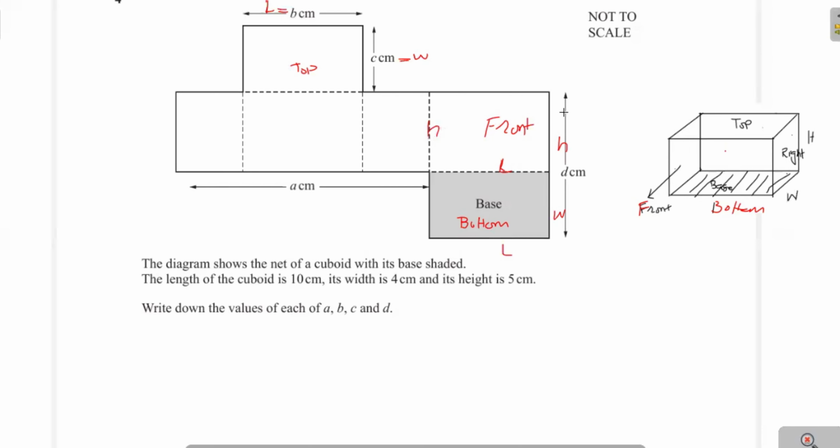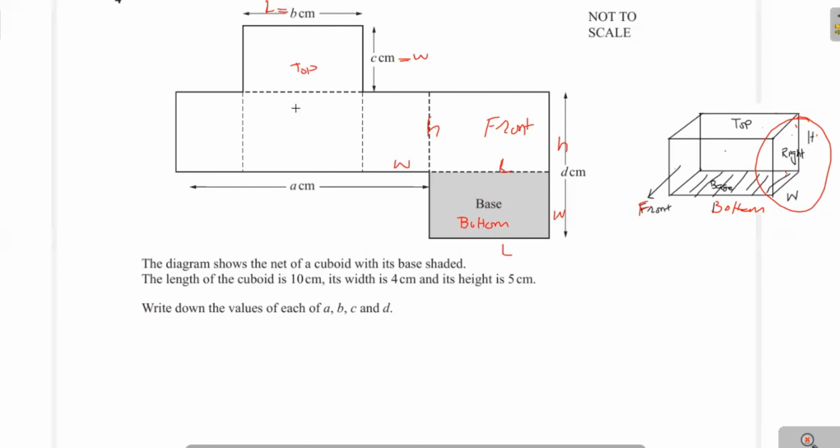Here, the faces having height are the right side and the left side. The right face has the edges width and height. Therefore, this is the height and this will be the width.